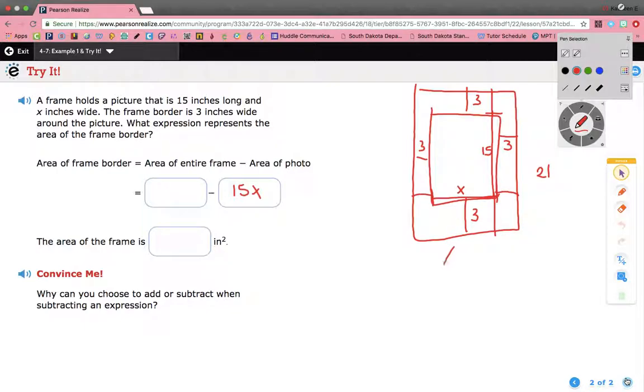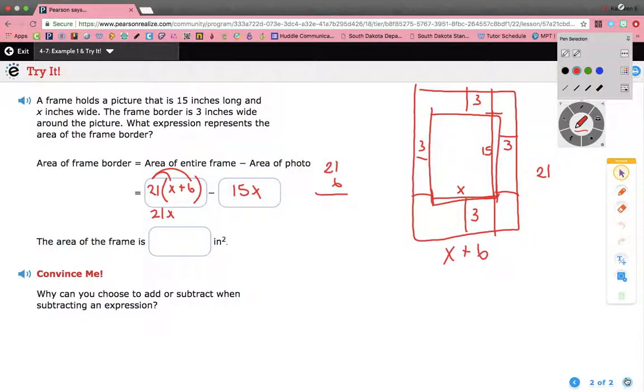X plus 3 plus 3 is x plus 6. So the area of the picture frame is 21 times the quantity x plus 6. Okay, the next thing we would have to do is distribute this 21. So 21 times x is 21x.